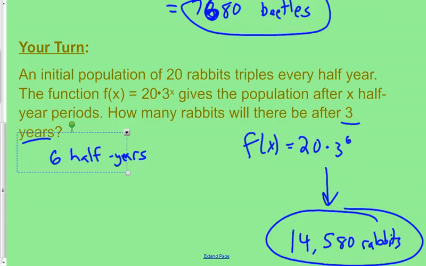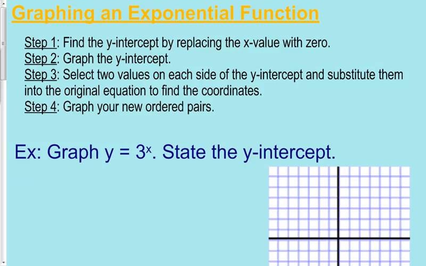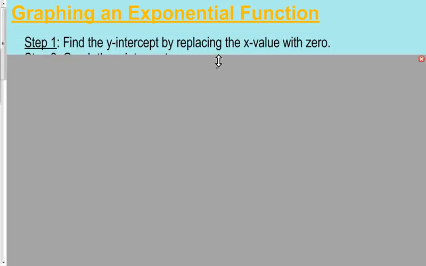All right, last thing I want to do is graphing an exponential function. So in order to graph one, we can do it just like we've done it in the past. But we first need to find the y-intercept by replacing the x value with 0.